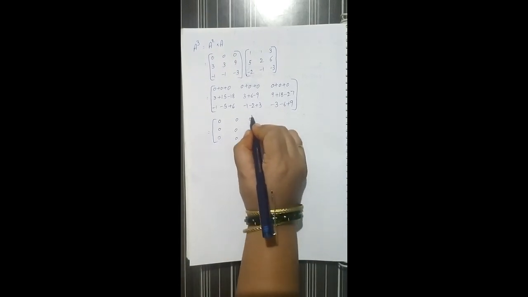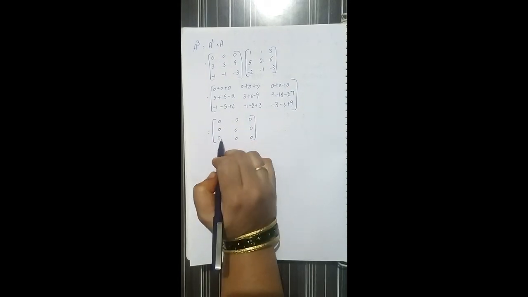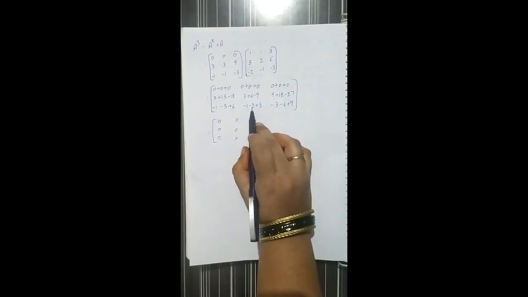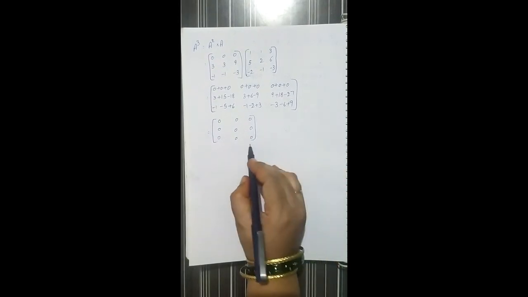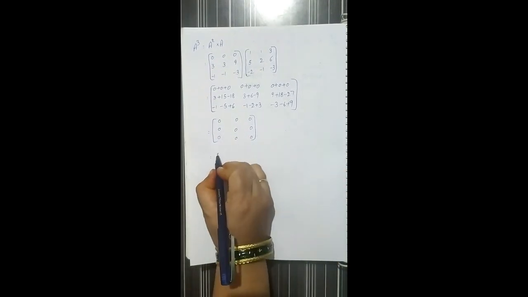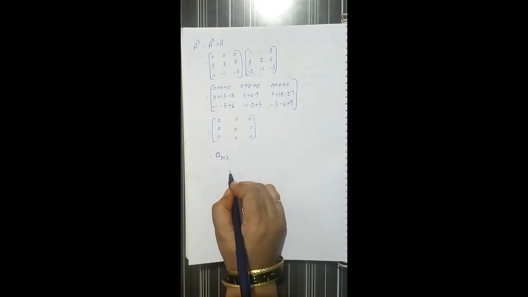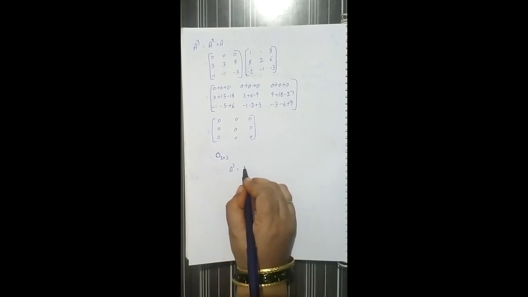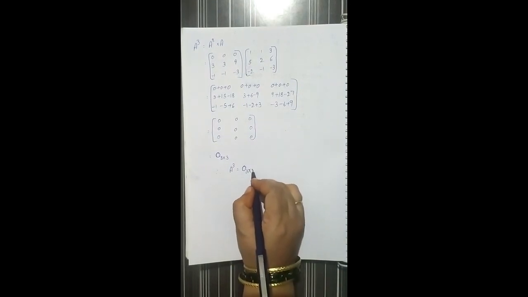Similarly, last row is also 0, because minus 1 minus 5 plus 6 is 0, minus 1 minus 2 plus 3 is 0, minus 3 minus 6 plus 9 is 0. That is equal to the O matrix of order 3 by 3. Therefore, A cube equal to O of order 3 by 3. This is our required problem solution.